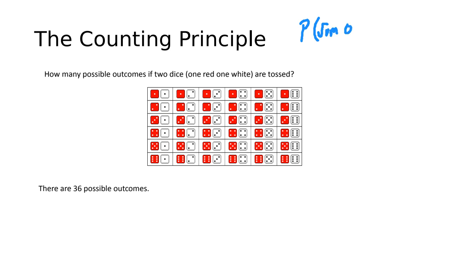Okay, so the number in our denominator is going to be how many possible outcomes are there, right? So we know that there's 36 outcomes. So I'm going to write 36 in my denominator. Of all of these outcomes, how many sum to 8?